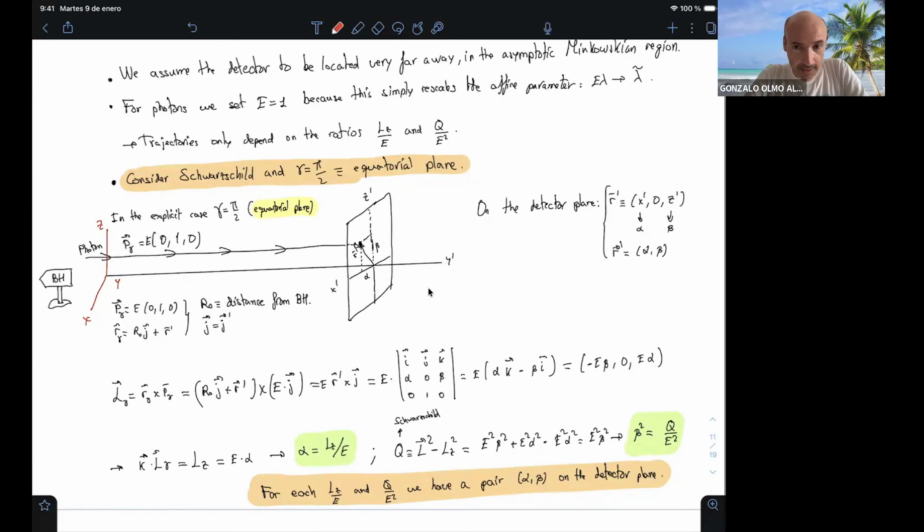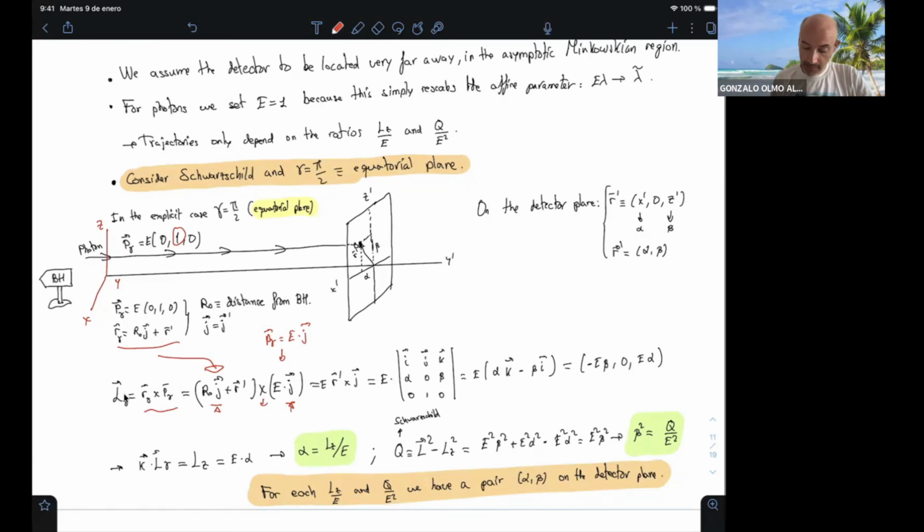So the point is that the angular momentum is given by this product, and we just need to take this position vector. The momentum of the photon, p gamma, is simply the energy times the direction j, because we are moving in the y direction. And then the cross product is obviously insensitive to the parallel component in the direction of the momentum.